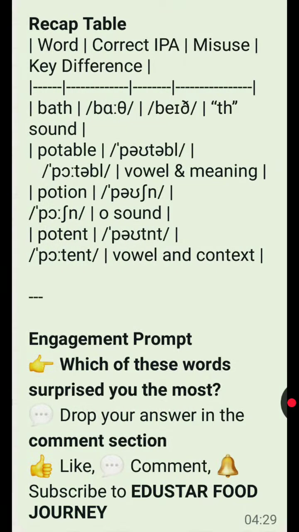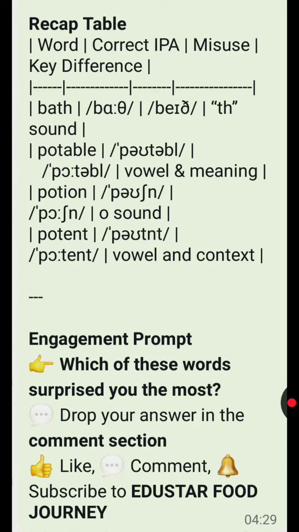All right, we are going to turn to a quick recap. We recap what we've studied on this topic. We have word, correct IPA, misuse, and key difference.